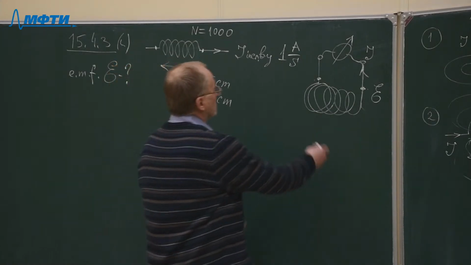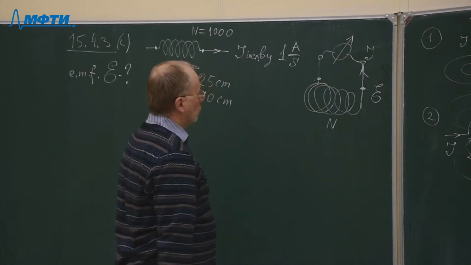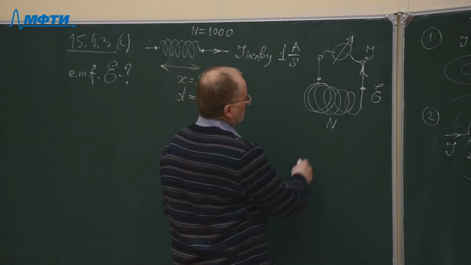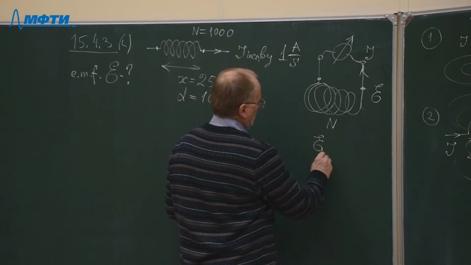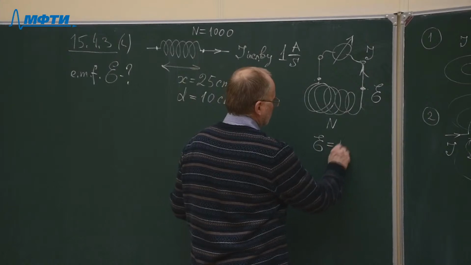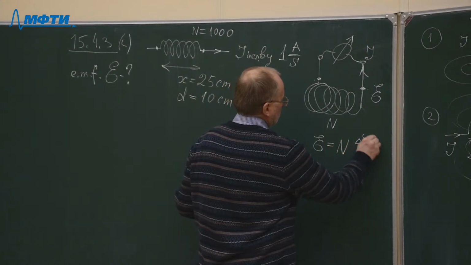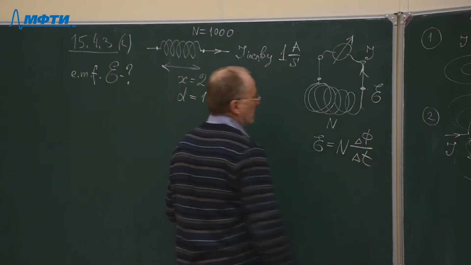So if there are n turns in this coil, then the electromotive force will be n times larger than the electromotive force originating from a single coil.